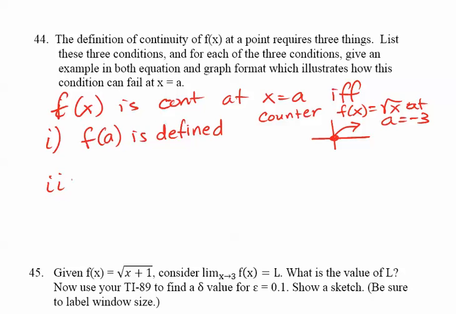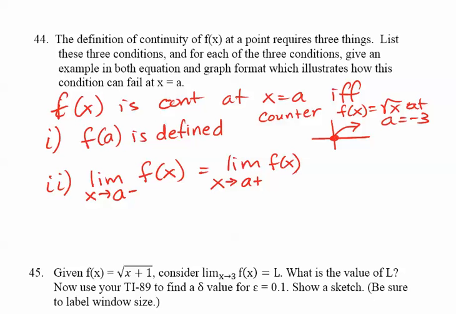The second thing that's required is for the left and the right hand limits to give us an overall limit. So as we approach a from the left side, it has to be equal to x approaching a from the right side, so an overall limit will exist. A counterexample for that could be anything that has an infinite discontinuity or a jump discontinuity.